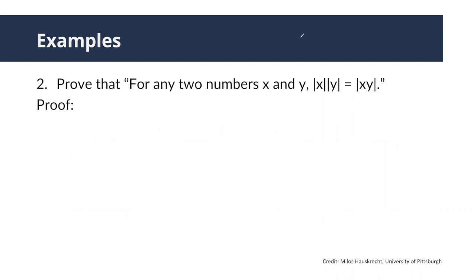Second example. For any two numbers x and y, this equation is true. How do you prove it by cases? We know that to prove an equation to be true, we are going to go from one side of the equation and use a chain of equalities to connect to the other side.